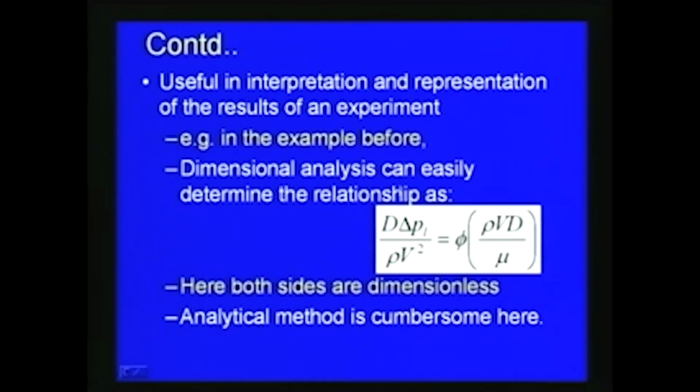Then we can further interpret the results we get with respect to the particular experiment. If you go about showing this analytically, it will be cumbersome, but dimensional analysis gives a number of options to interpret and represent the results from an experiment in an appropriate way. So, these are some of the importance of dimensional analysis.